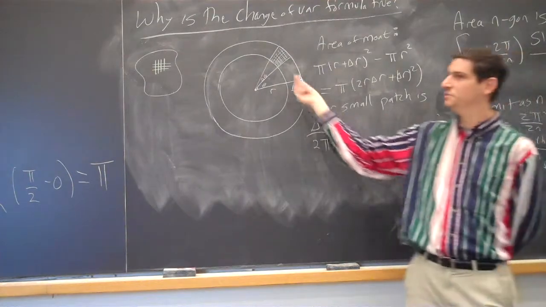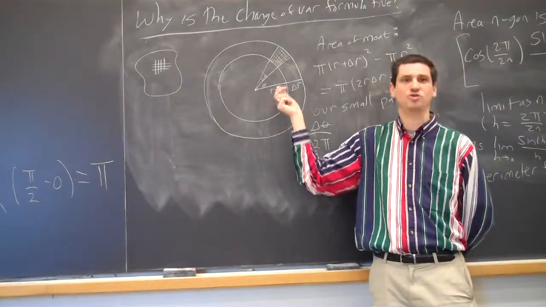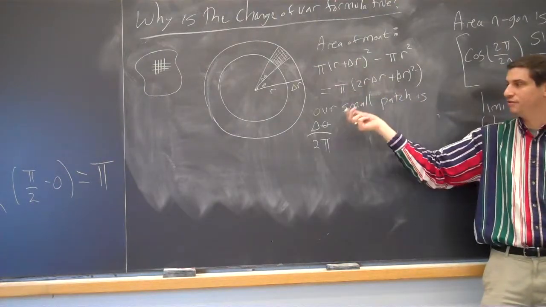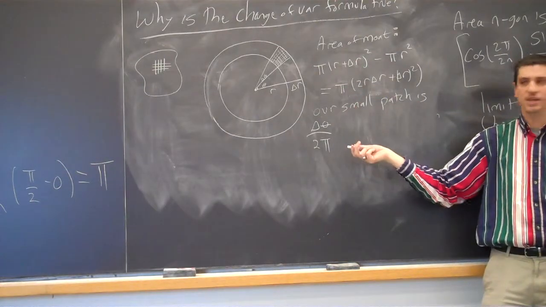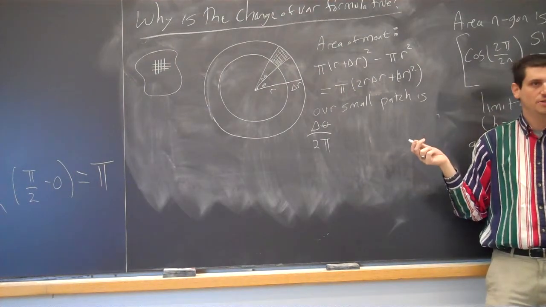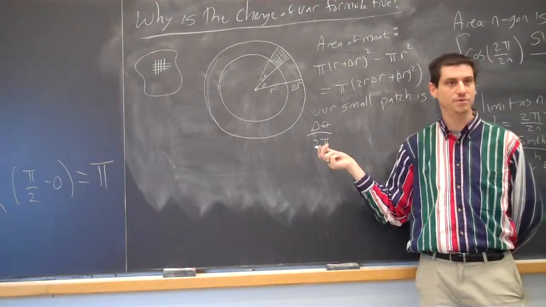If delta theta happened to be 2 pi, it would be a disgrace to call it delta theta, but then it would be the whole thing, and we would have a fraction of 1. If delta theta was half of the circle, again, that's ridiculous, it would then be pi over 2 pi, that would be 50%.